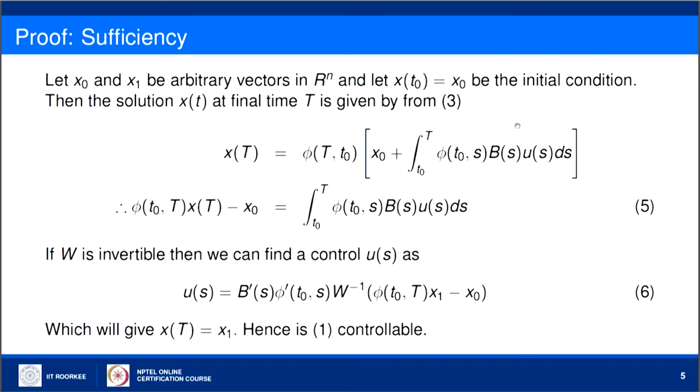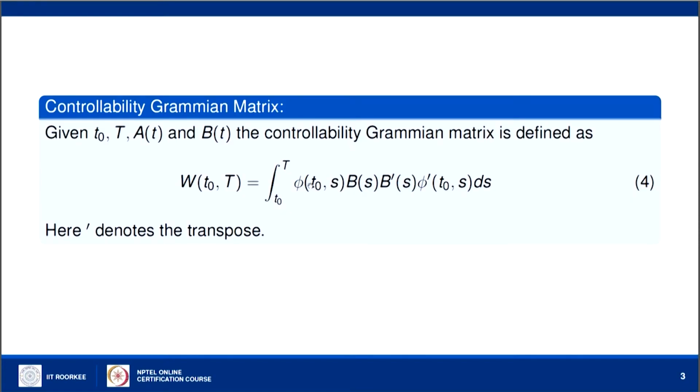Now, by observing this term, the integral of phi t naught s B(s) u(s) ds, if you substitute a suitable vector function u of s, satisfying the left hand side and right hand side suitably, then we can say that this control will steer the system from x naught to x1. So, by guesswork, or by observation, we can substitute this particular expression, because we have this Gramian matrix phi B B transpose phi transpose.